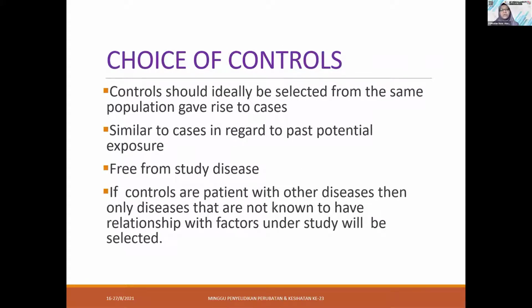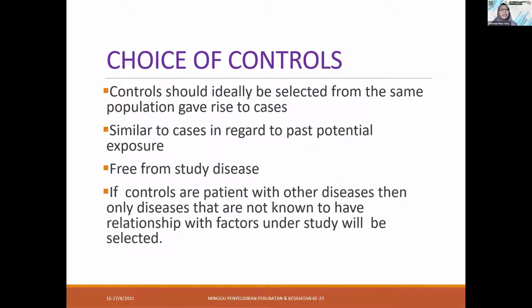In terms of choice of control, controls should ideally be selected from the same population that gives rise to the cases. That means the same population in that particular facility, for example, or that particular population. Yeah? They must be similar to the cases with regard to past potential exposure, so that it doesn't have bias. Yeah?